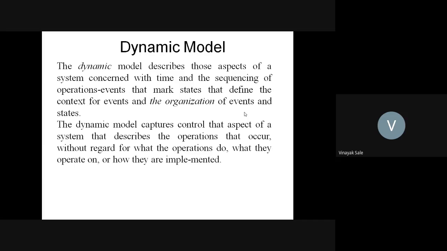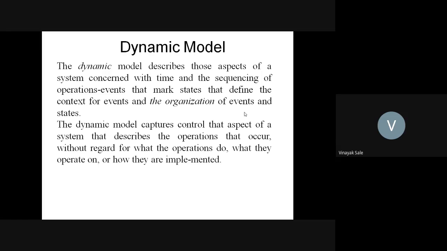The second one is the dynamic model. The dynamic model describes those aspects of a system concerned with time and sequencing of operations: events that mark changes, states that define the context for events, and the organization of events and states.